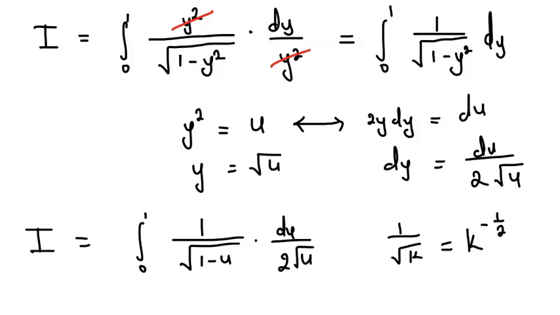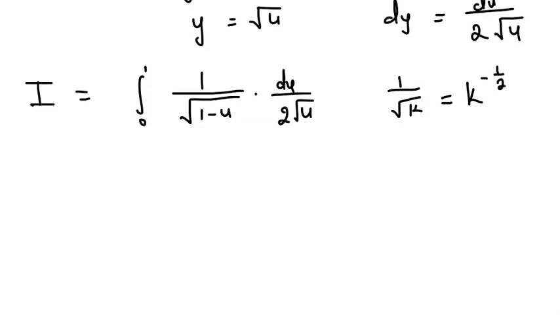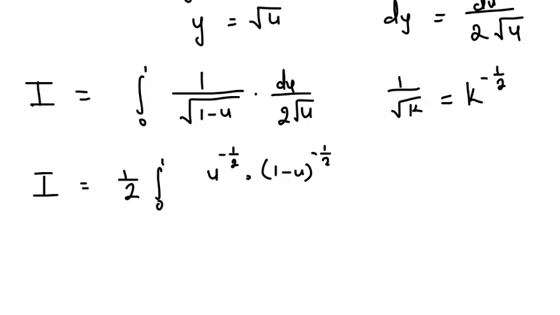You get the idea? So we're going to use that now to rewrite the integral. So we have I is equal to 1 over 2 multiplied by the integral from 0 to 1 of u to the power of negative 1/2 multiplied by 1 minus u to the power of negative 1/2, then multiplied by du.